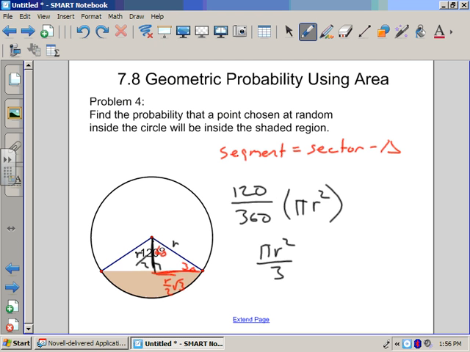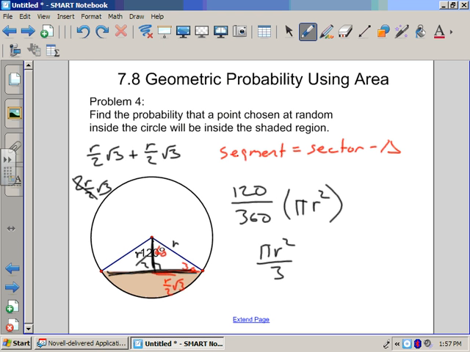So far, so good. I have an r over 2 times the square root of 3 plus another r over 2 times the square root of 3. That gives me 2 r over 2's times the square root of 3, which means this whole base is r times the square root of 3.